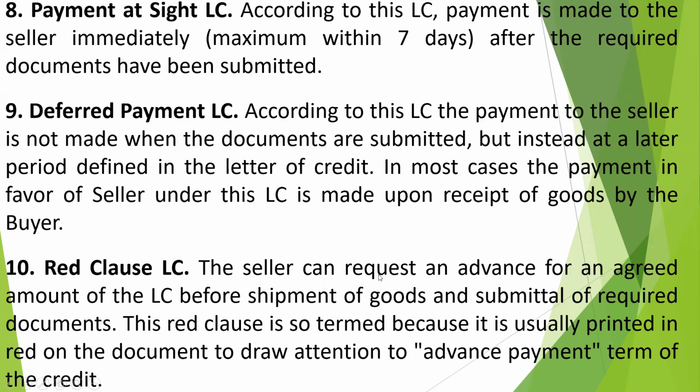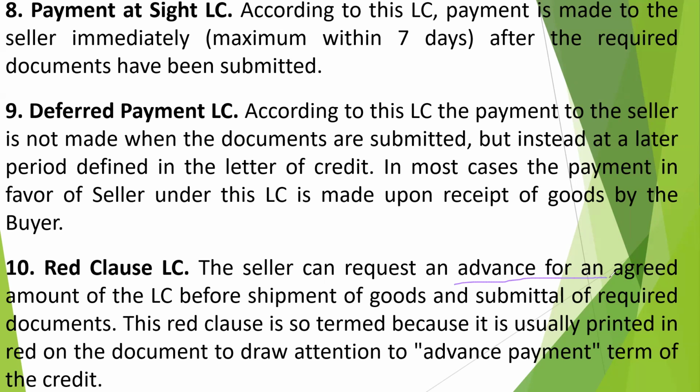Okay, next is red clause LC. So the seller can request an advance for an agreed amount of the LC before shipment. Many questions are coming from here, red clause LC and green clause LC. So what is red clause LC, friends? It is also a type of LC. Only the term that you have to remember: advance.